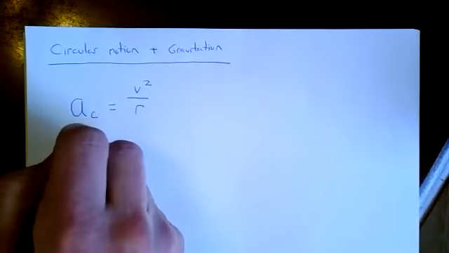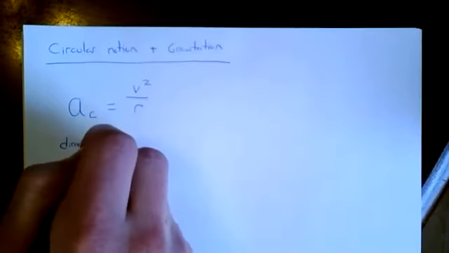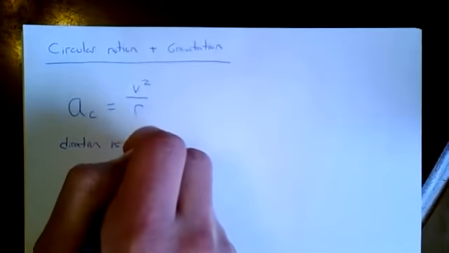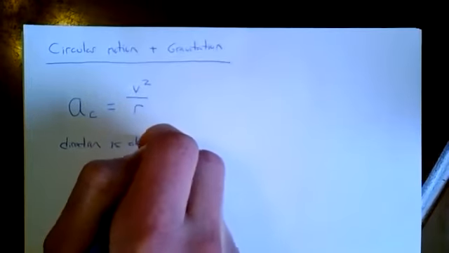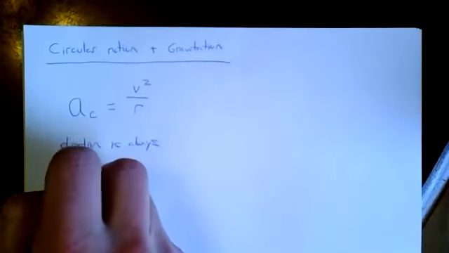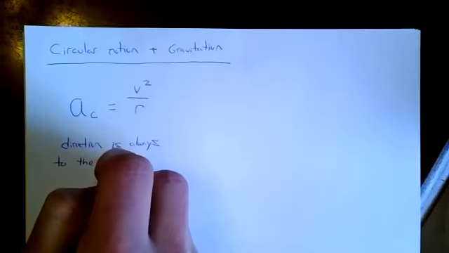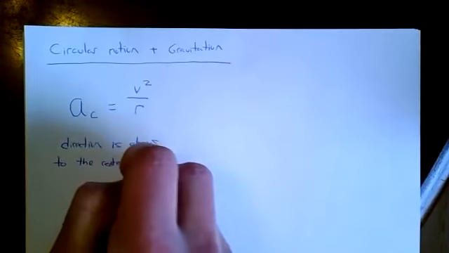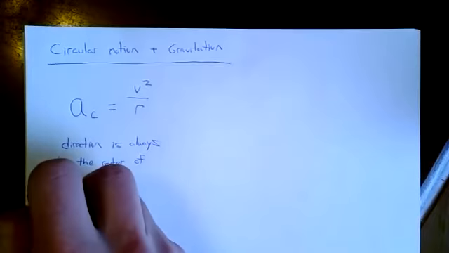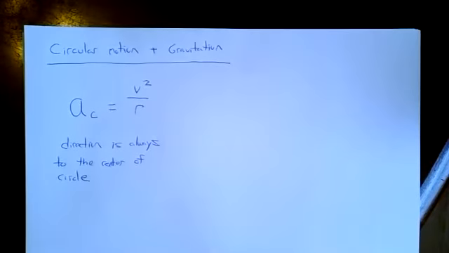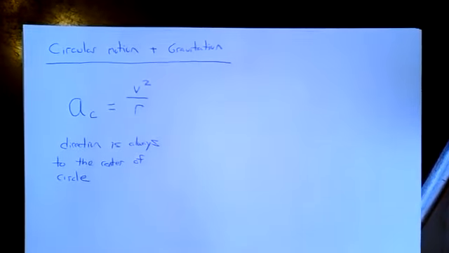Because direction is always to the center of the circle when something is in uniform circular motion.